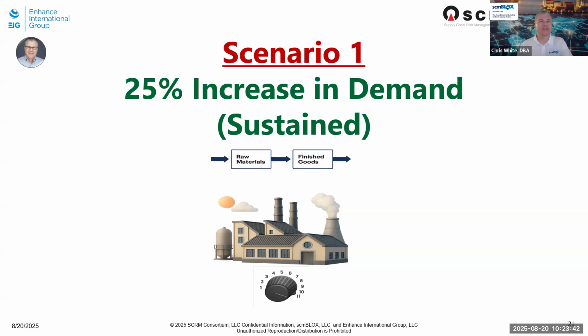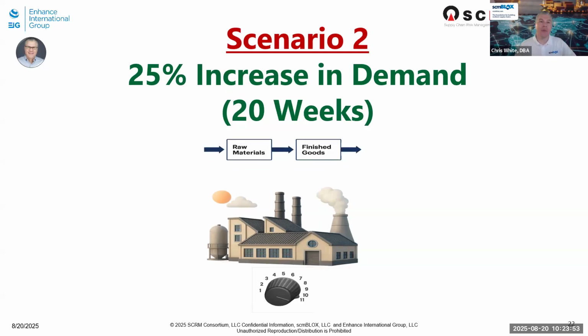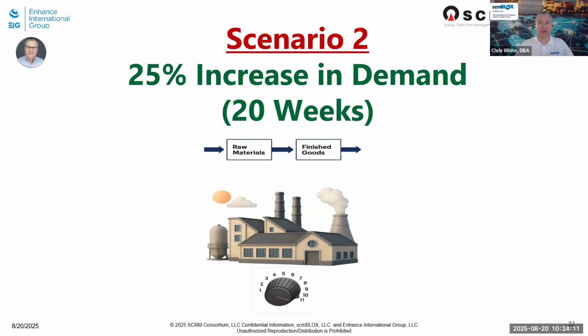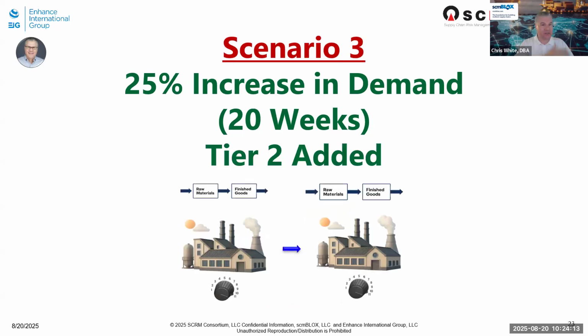We went through one scenario where we just did a bump in demand, a 25% increase, and let it run through the system. It was sustained. In the next scenario, we bumped it up and then dropped it back down, because we wanted to see, when everyone's still adjusting to the increase, what happens if the floor drops a little bit and we decrease, and now we're heading down. That was our second scenario. This was only looking at an OEM and a tier 1. Then in scenario 3, we added a tier 2.